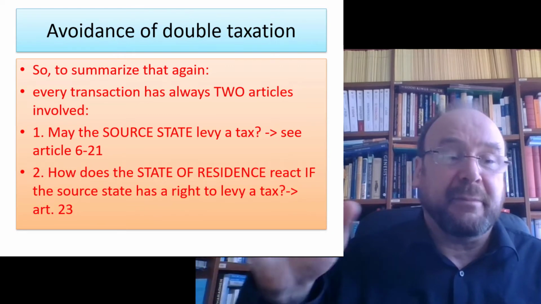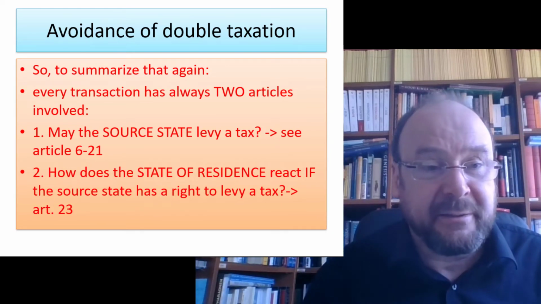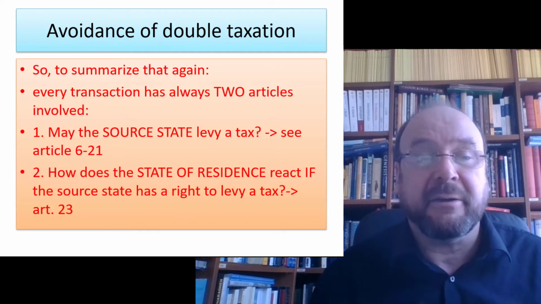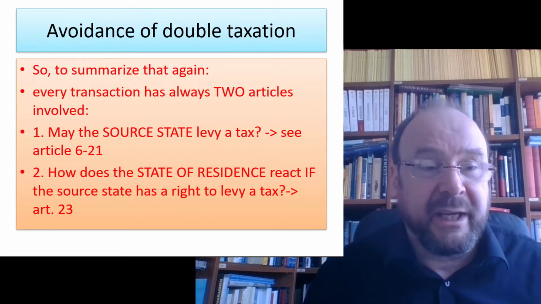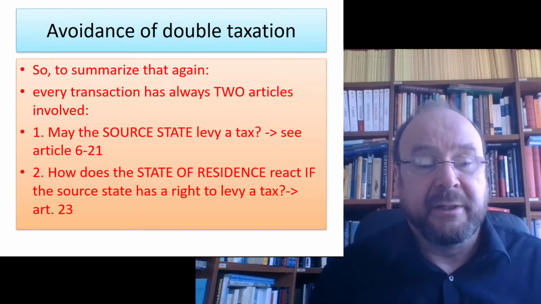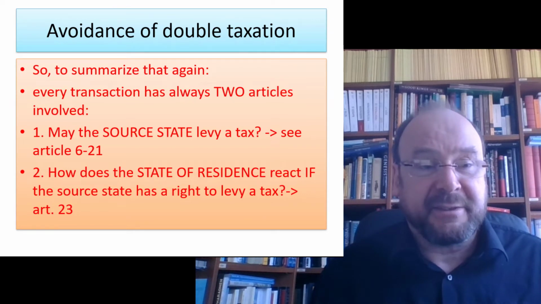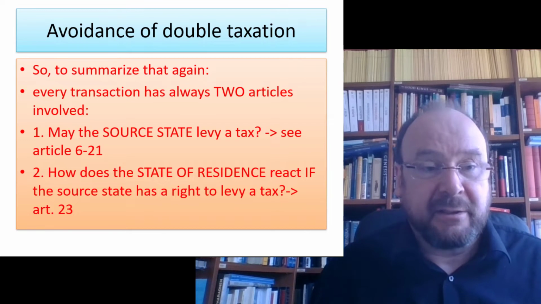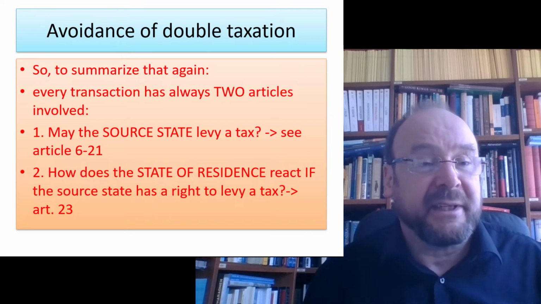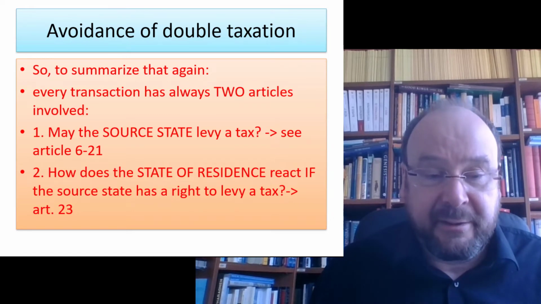If the source state may levy a tax, then how does the state of residence react? That is either the A or B variant, depending on where you live, where you are resident. So there will either be Article 23 in the form of the exemption method article or of the credit method article. And Germany and other continental European states will prefer the A variant, the exemption method.